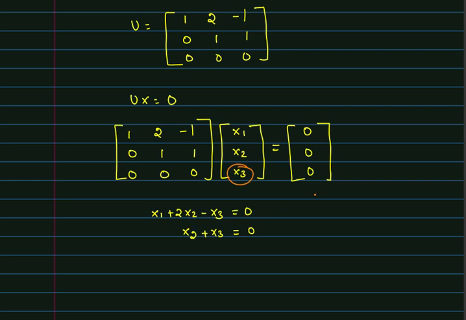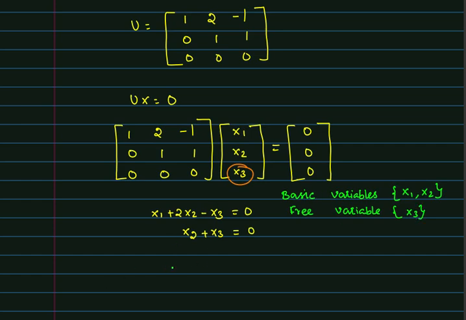So we want to write here: the basic variables are x1, x2, and the free variable is x3, because it does not have a pivot position.